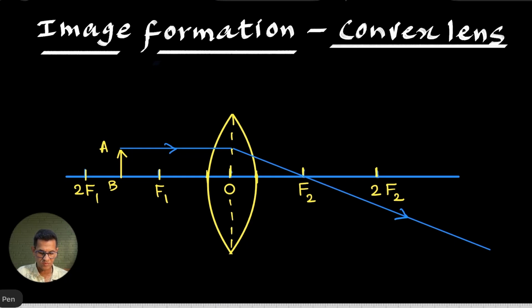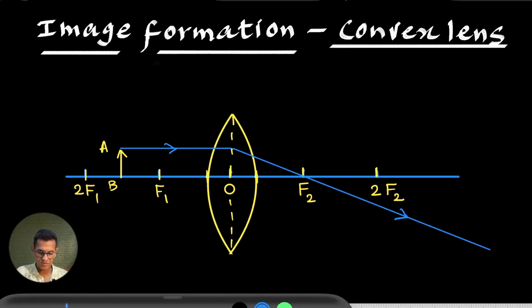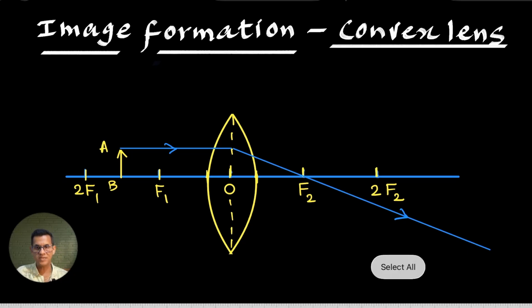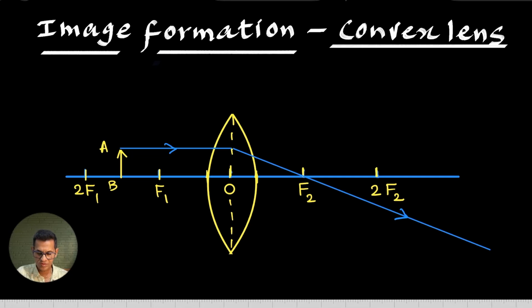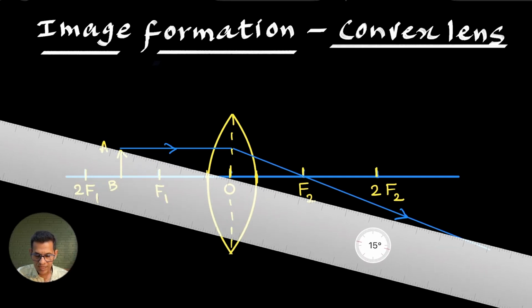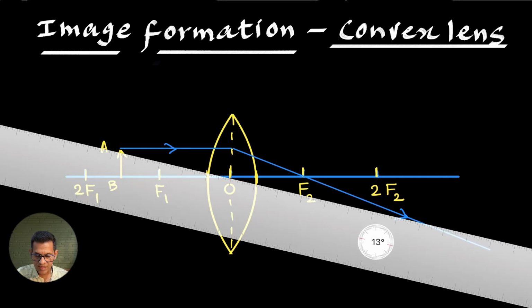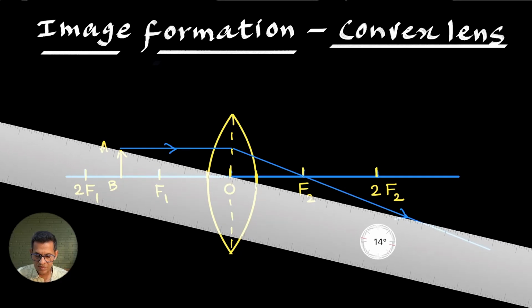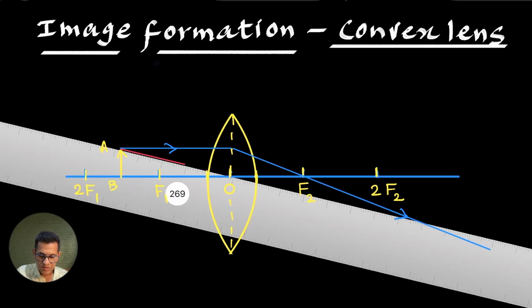Now let's draw one more rule. Maybe I'll use the third rule because the third rule is easier to draw. You have to just draw a straight line passing through the optical center of this lens.